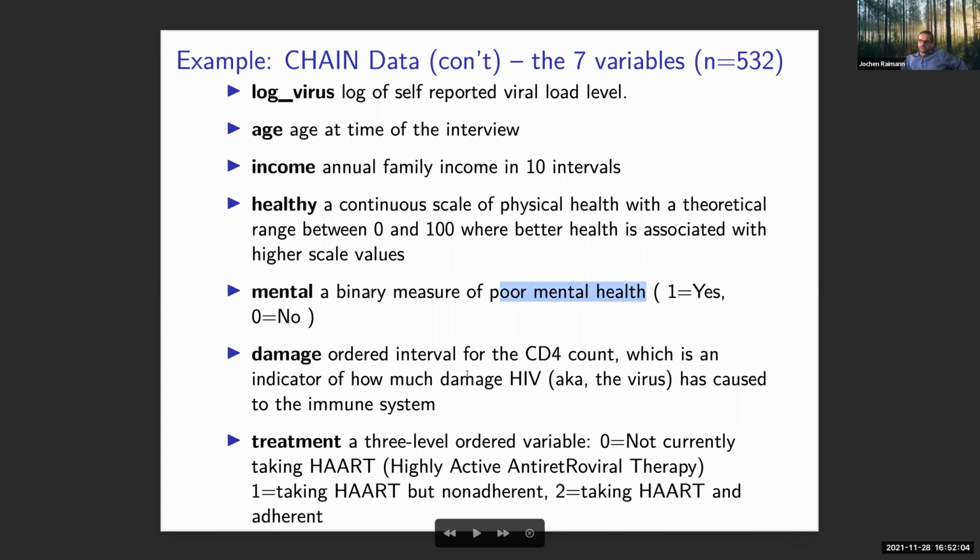Damage is an interval for the CD4 count, which is an indicator of how much damage HIV has caused at this point in time. The virus gets into CD4 T lymphocytes and reduces the number of circulating T lymphocytes, which is also the cause for the immunodeficiency.